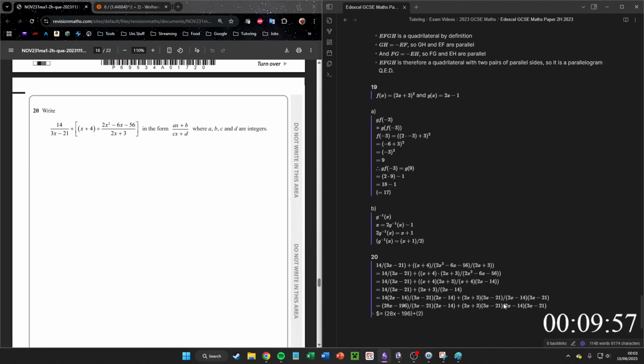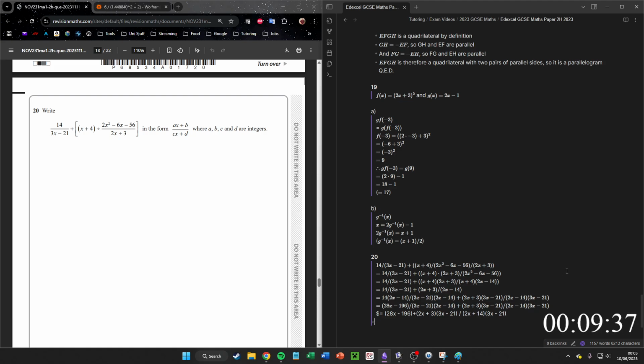Oh, there should be a division symbol there. That would have caused a lot of peril. 9 minutes to go. Let's keep our head cool. 2x plus 3, 3x minus 21, all divided by 2x minus 14, 3x minus 21.